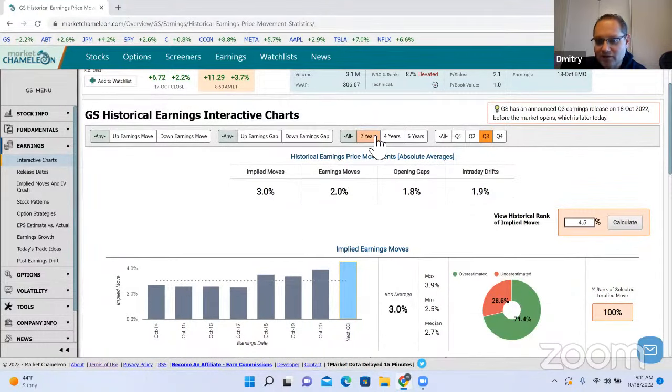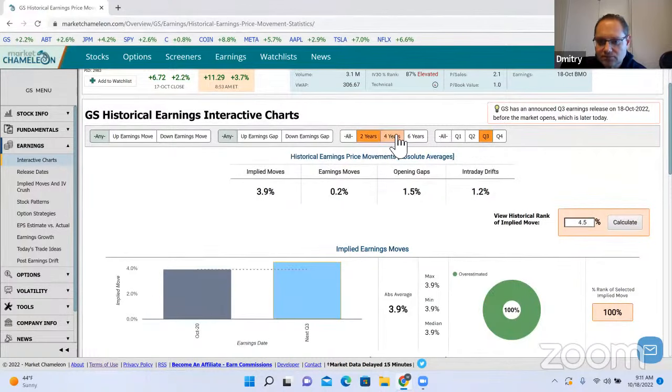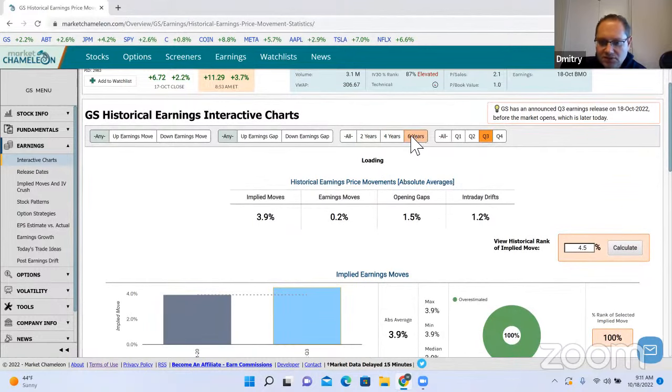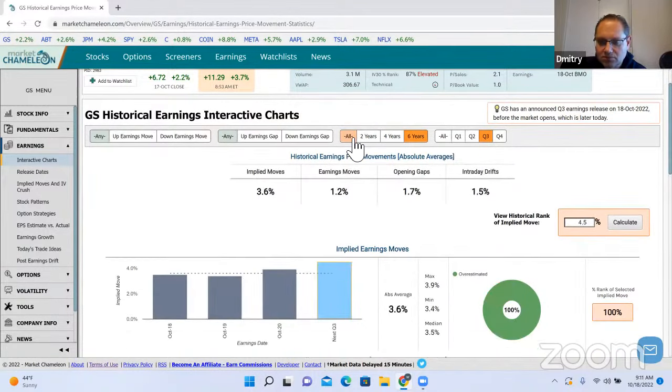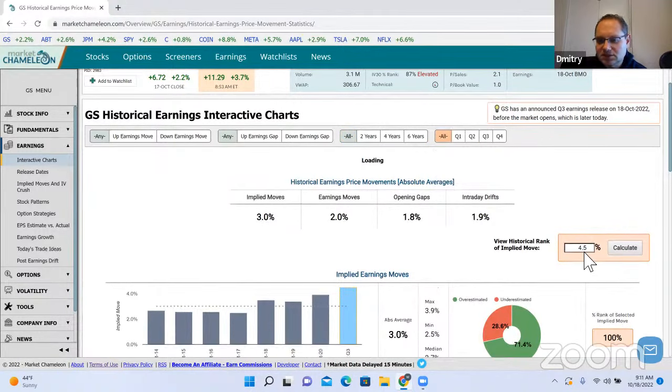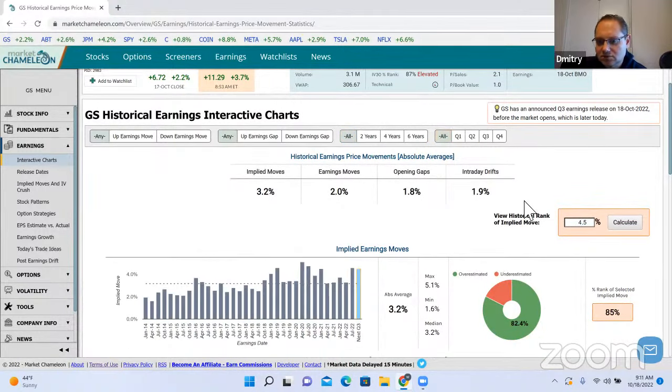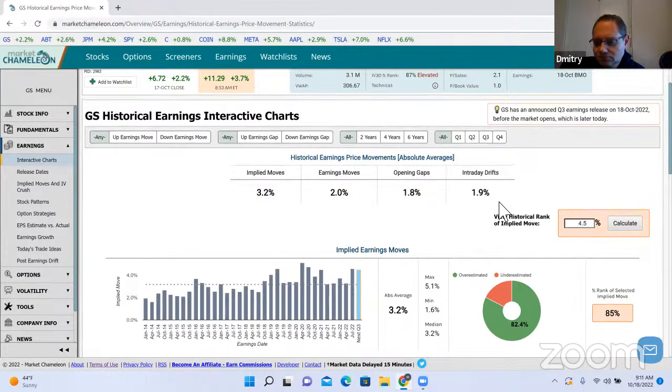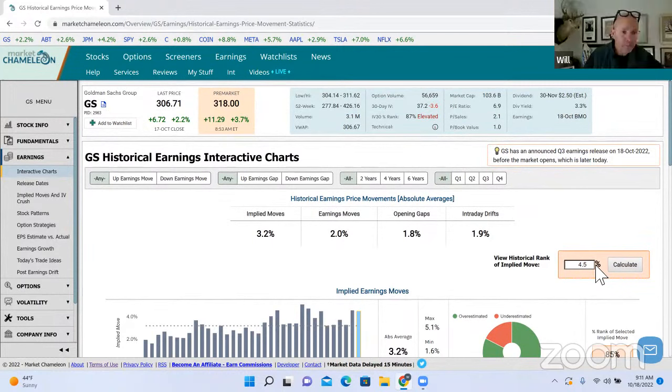We could also narrow it down by years, last 2 years, 4 years, 6 years, or all available. Okay, that's basically how to use the filters above. Awesome. Hopefully that helps.